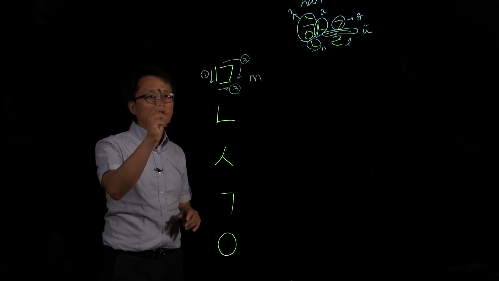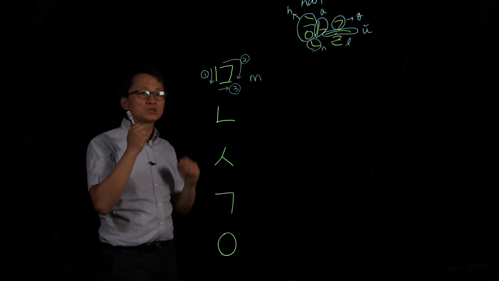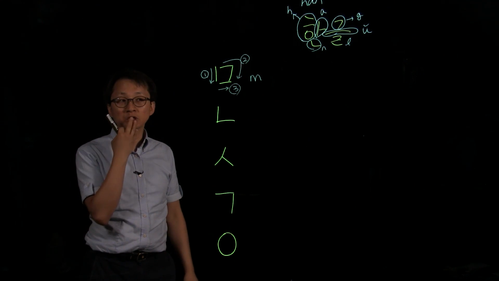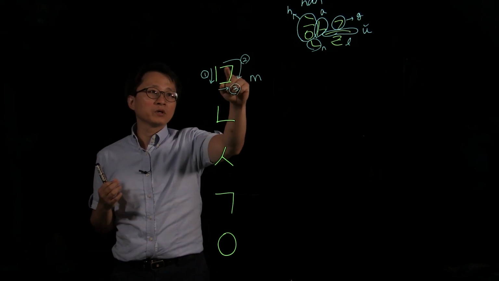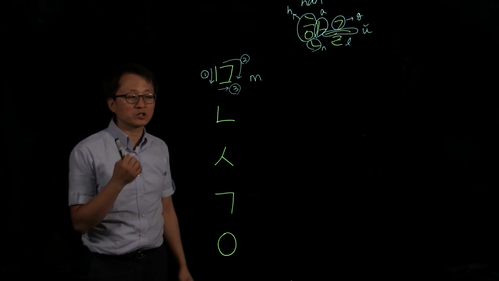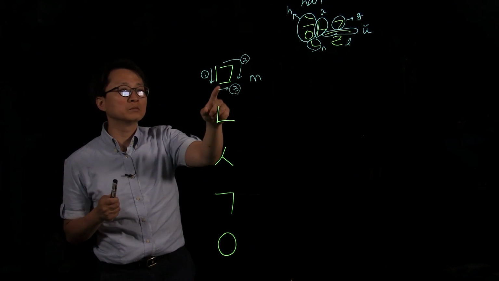So to pronounce this consonant, you have to put your mouth like this. So it's basically a lip sound. The shape of this consonant, this square shape, actually represents the shape of our mouth.